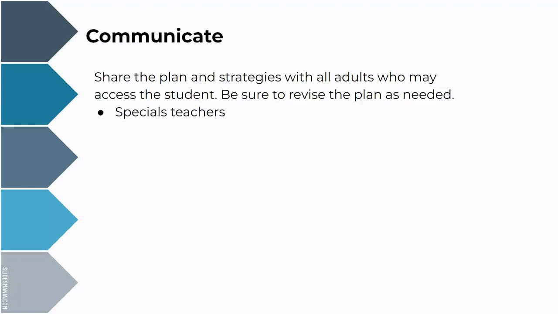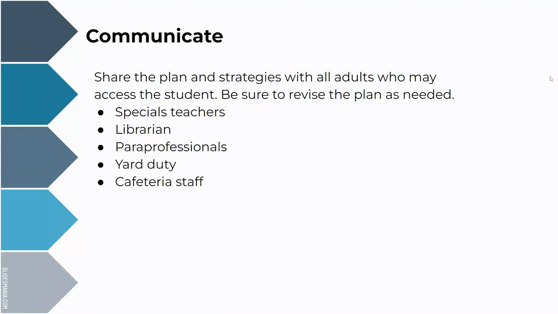Some adults who may need to have this plan shared with them include specials teachers, the librarian, paraprofessionals, yard duty supervisors, cafeteria staff, front office staff, administration, counselors, and so many more. Remember that this plan is individualized to a specific student, and to give them the best chance of success, it's important that we communicate the plan with as many people as we can.